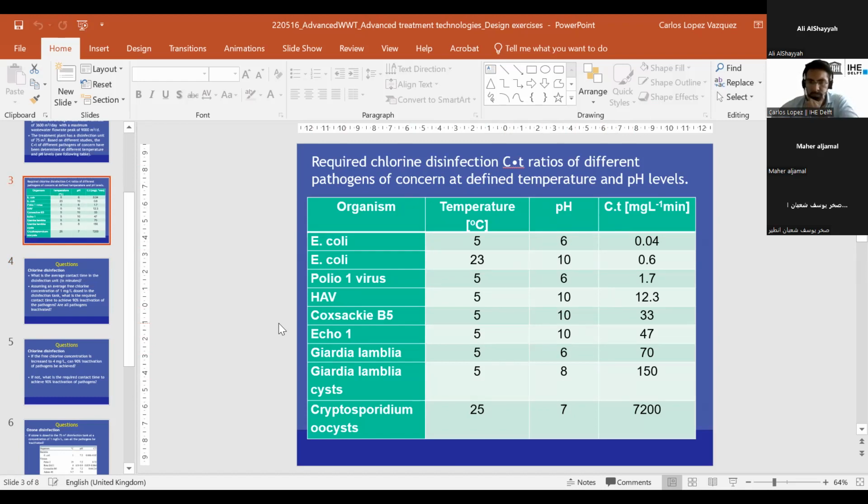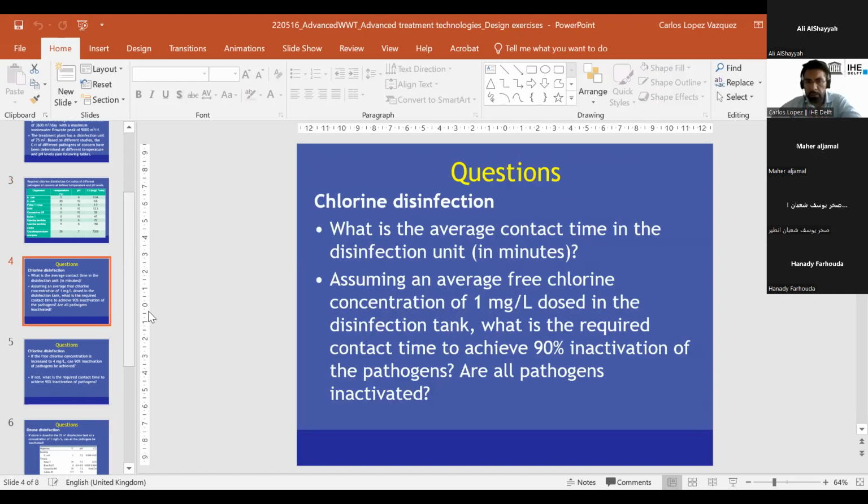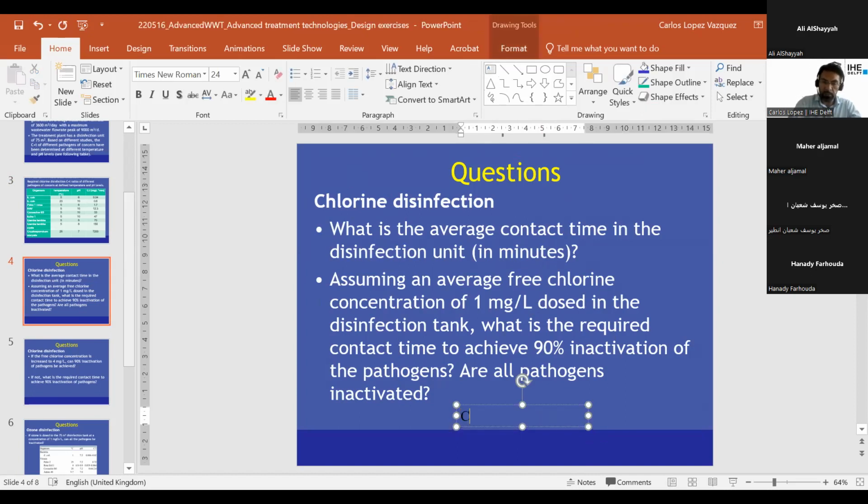Okay, so you are right, we need to calculate the CT.